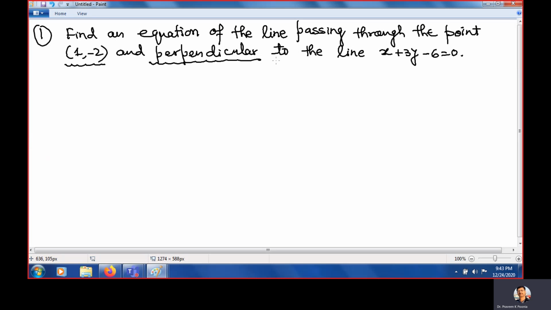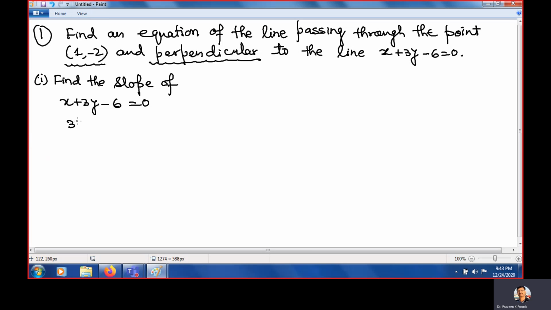So we will use this condition. So here we have three things. Thing number 1. First thing, find the slope of x plus 3y minus 6 is equal to 0.